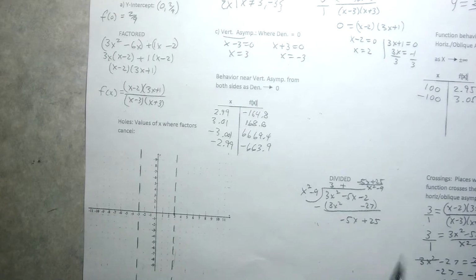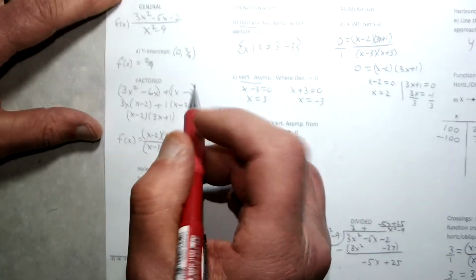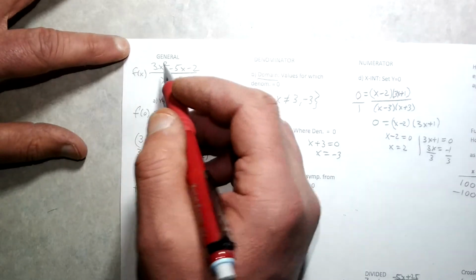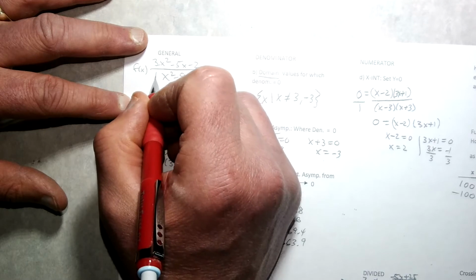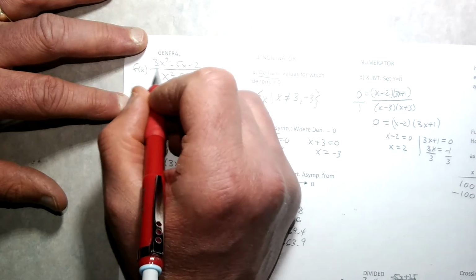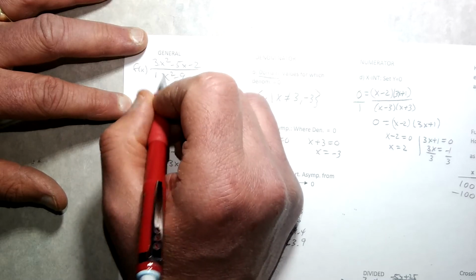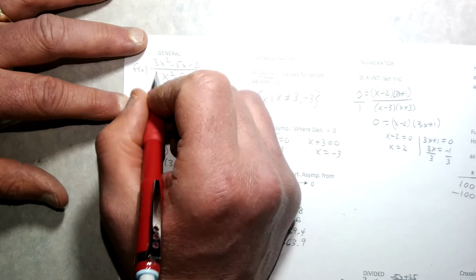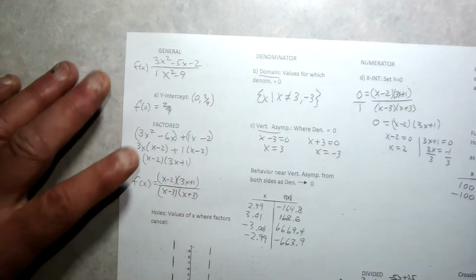Okay, so now let's find the horizontal asymptotes. What's unique about a function of equal degree is that when you find the horizontal asymptote, all you have to do is divide the coefficients of the squared terms here, the highest degree terms. Because they're equal, they'll always be the same power here. And 3 over 1 is going to be an equation that is a horizontal line.